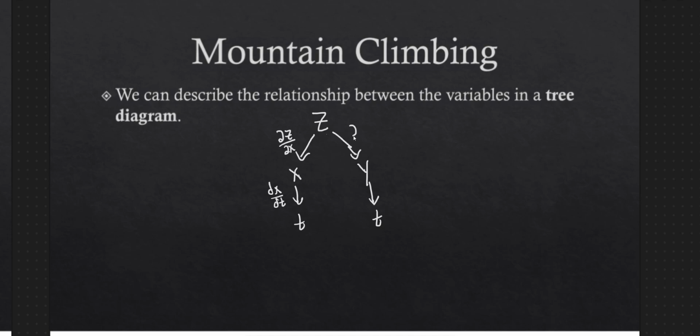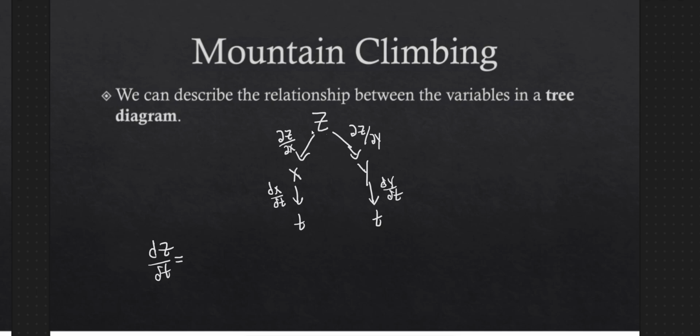We can also do partial z, partial y, and dy dt. Putting this all together gives me dz dt. So if I want to go all the way down the chain to t, well, I need to find all the chains that go to t. So there's two here, one through x and one through y.